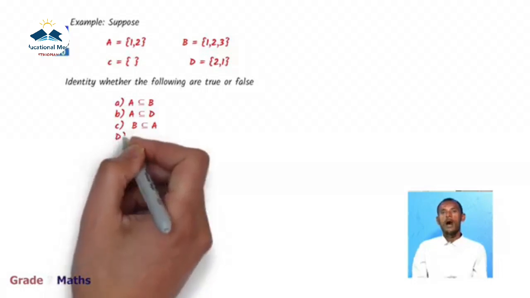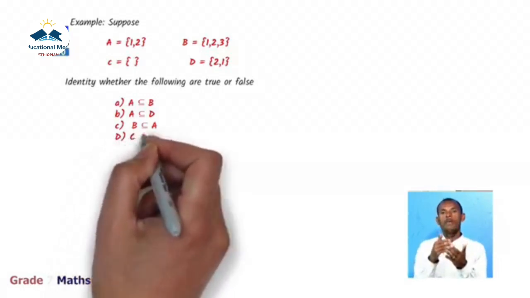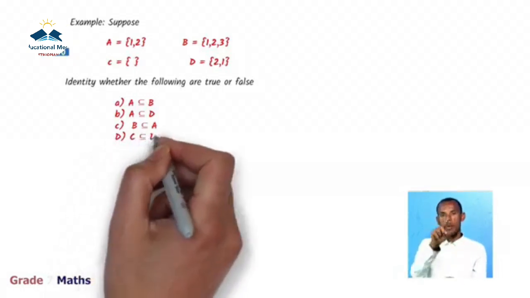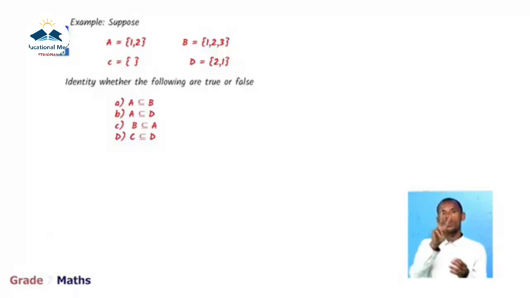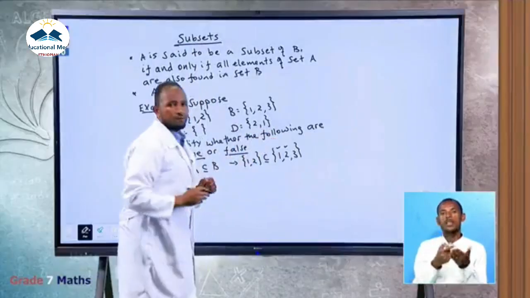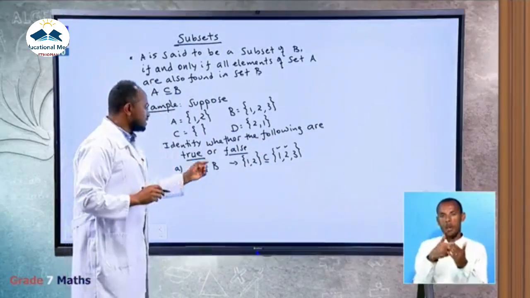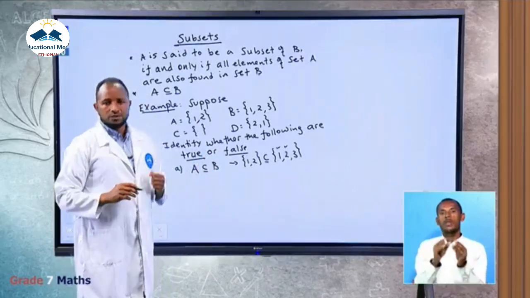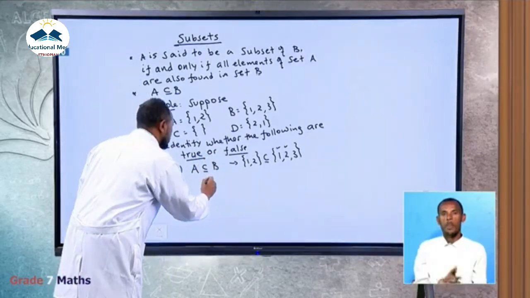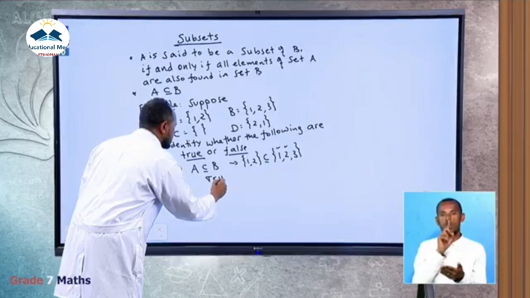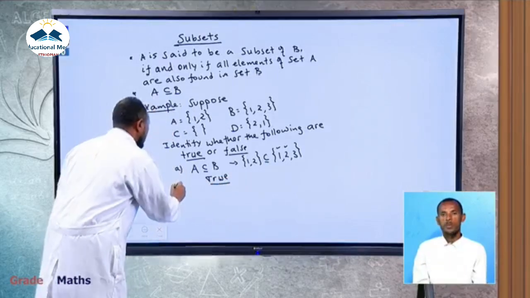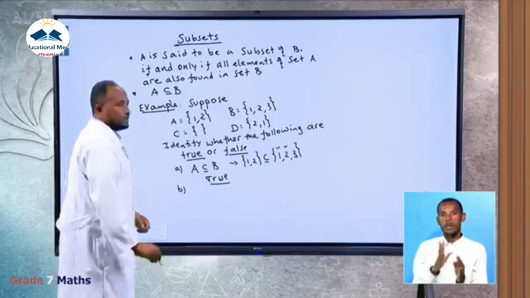Are all these elements found in this set? Yes. 1 is found here, 2 is also found here. All elements of this set are also found there. Therefore, A is a subset of B is true statement. Now let's proceed to second example.